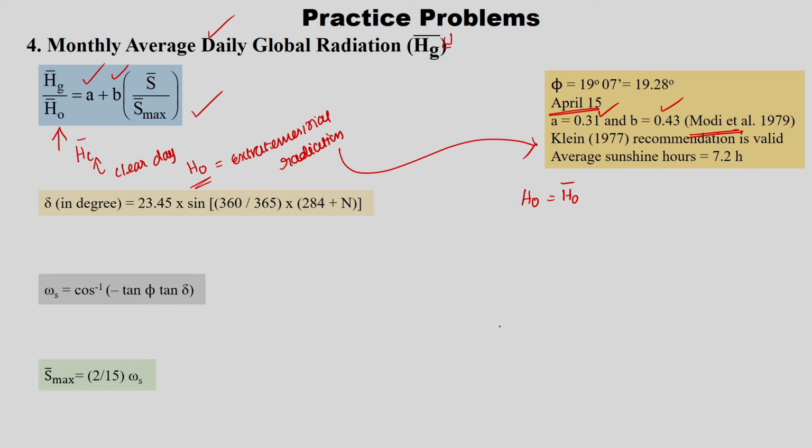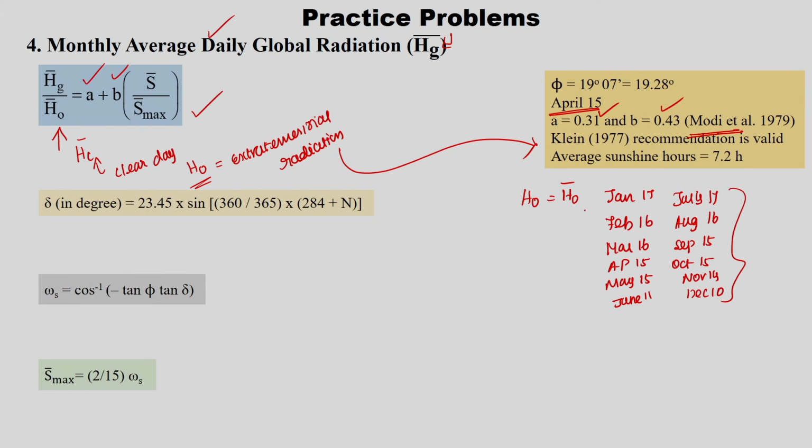So, these days are, for example, Jan 17th, Feb 16, March 16, April 15, May 15, June 11, July 17, August 16, September 15, October 15, November 14 and December 10th.